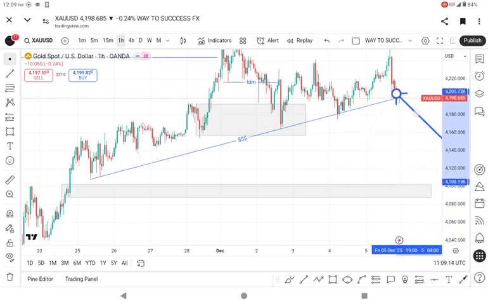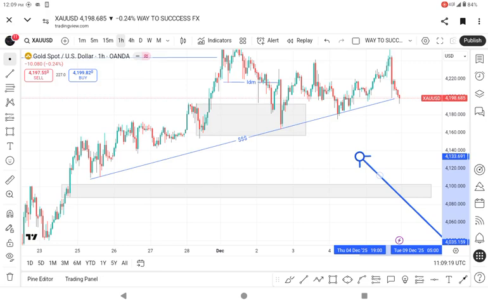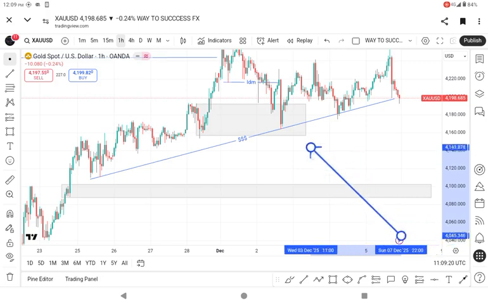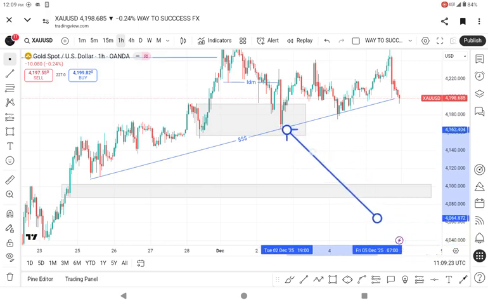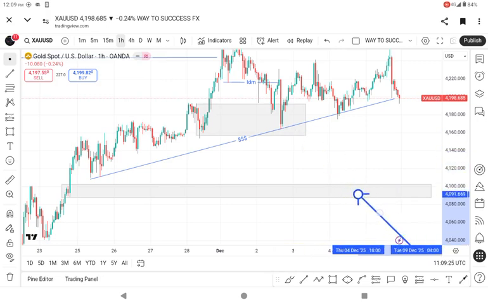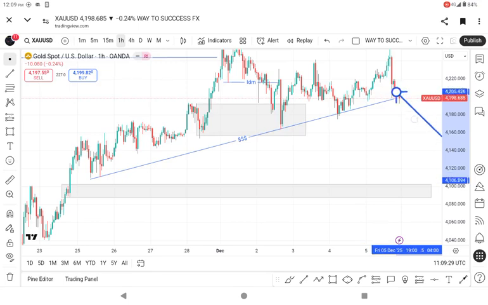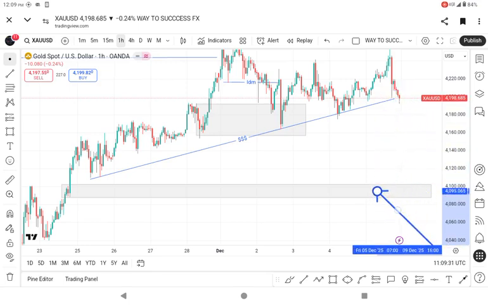But right now we don't have any reason to sell here in H1 until price breaks this low here. But when price taps at this level, let's say price aggressively returns to this level, I will not be looking for sells anymore. Instead, I'll be looking for buys. So that is what I have in H1 on gold.